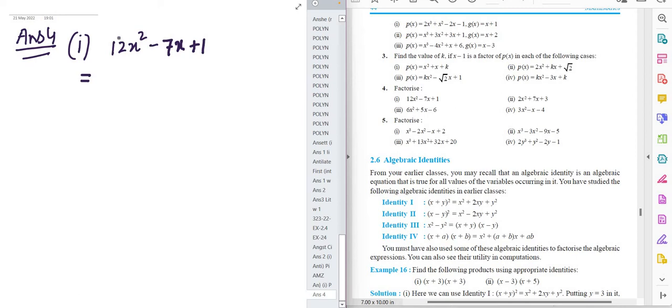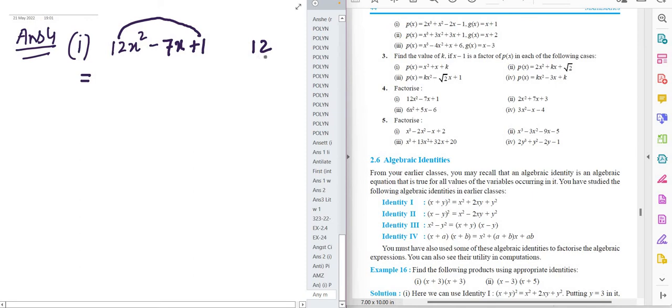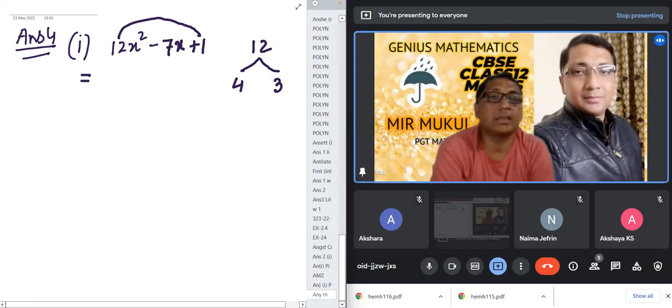So we have to multiply this 12 and the last number. What will we get? We'll get 12. Now using factors of 12, we have to split the middle term. If we break, then you will observe 4 and 3 are the factors of 12. Is it or not? Aksara?